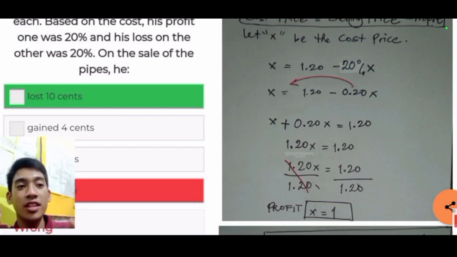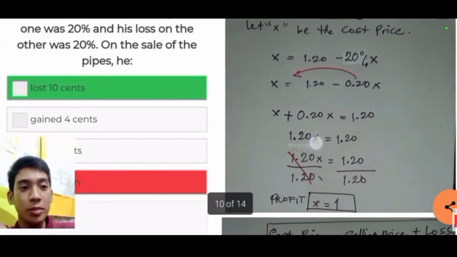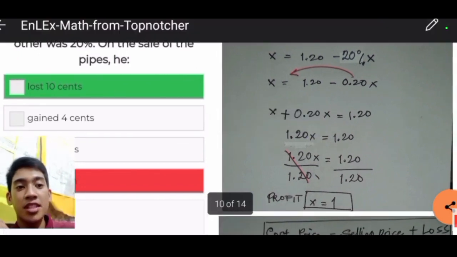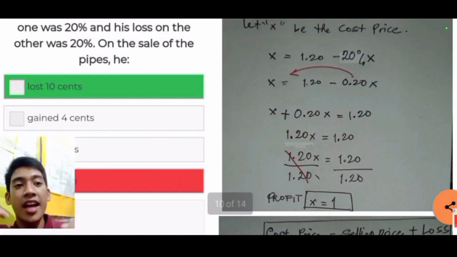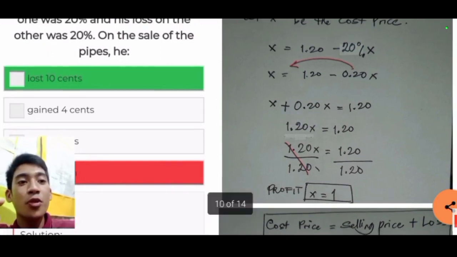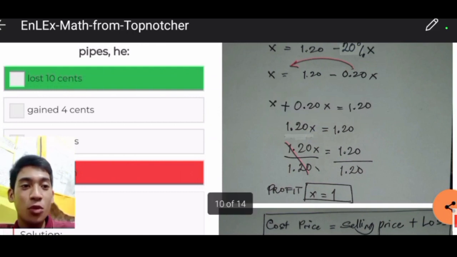So 0.20X, transpose it together with X, combine all terms. Since it is negative, it will now become positive. So X plus 0.20X equals 1.20. Adding X plus 0.20X gives us 1.20X, because our X is equivalent to 1.